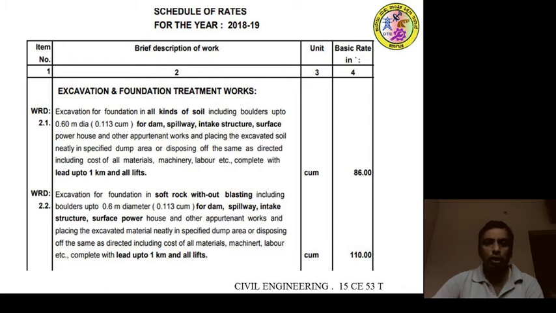The description of the work is excavation and foundation treatment works, under the subhead excavation for foundation in all kinds of soil. This is the brief description of the work, and the next column shows the unit of the work, and the next column shows 86 rupees per cubic meter will be paid to the contractor according to this schedule of rates.